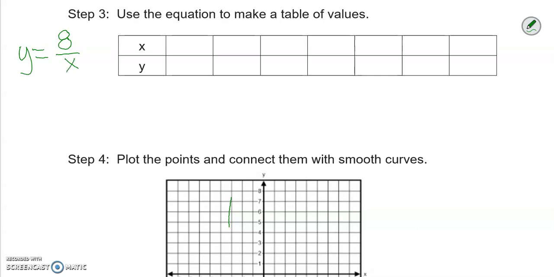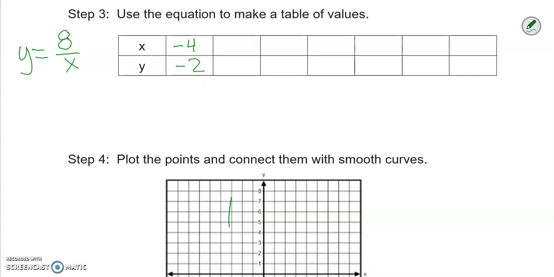Now we're going to create a table of values. Let's choose the value of -4, for example, for x. 8 divided by -4, what is that? It is -2.